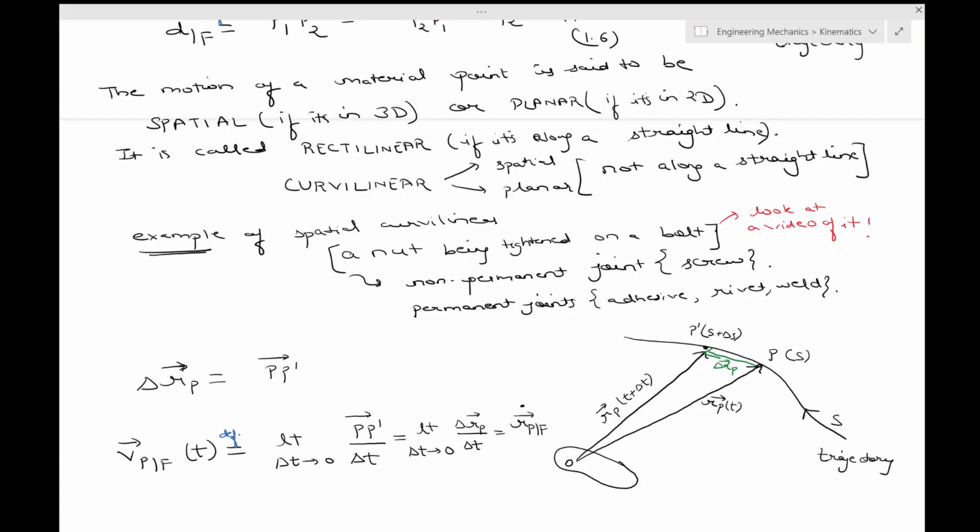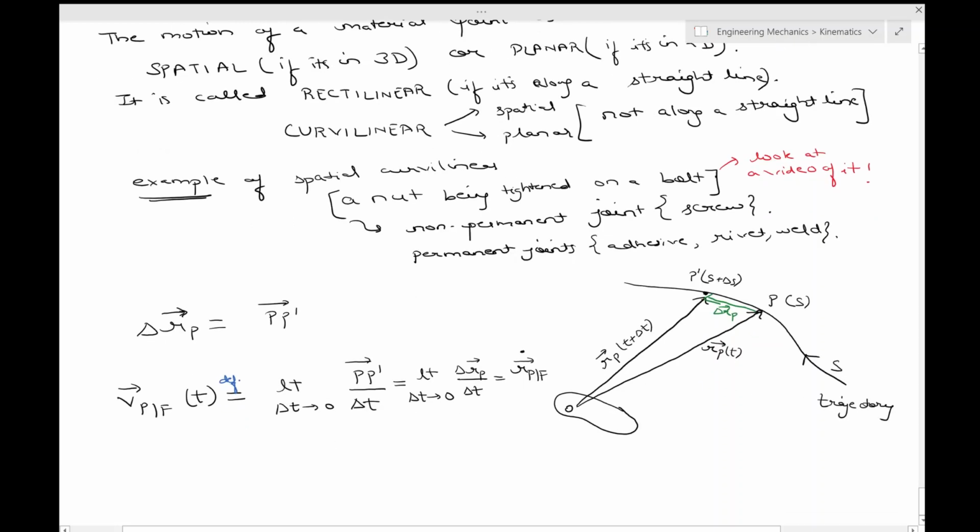A dot in this course automatically means a derivative with respect to time, so that will be continuing throughout. This is equation 1.7.